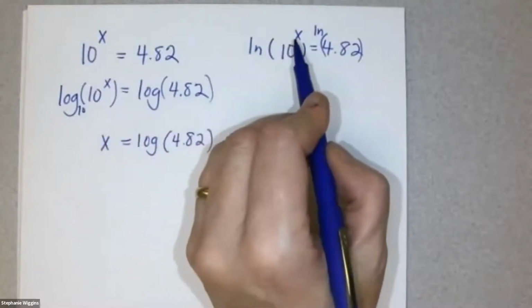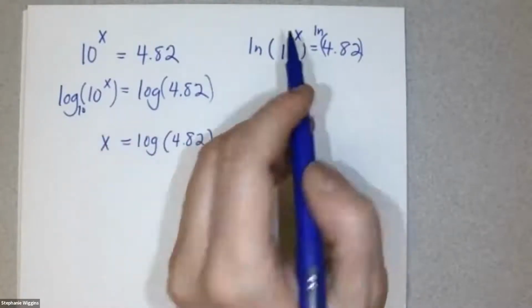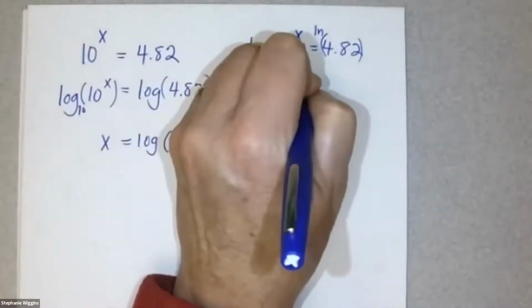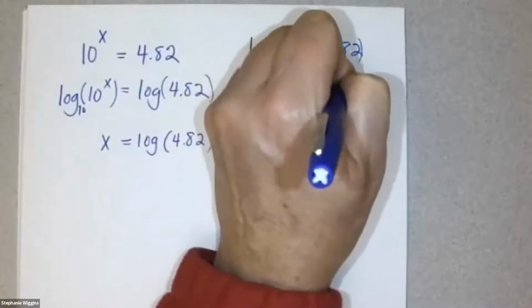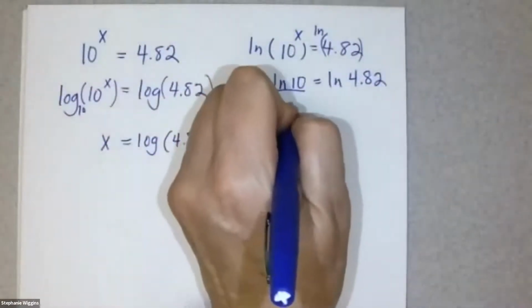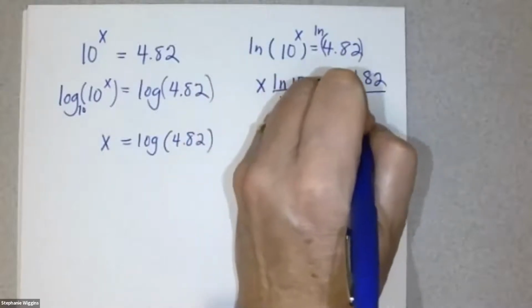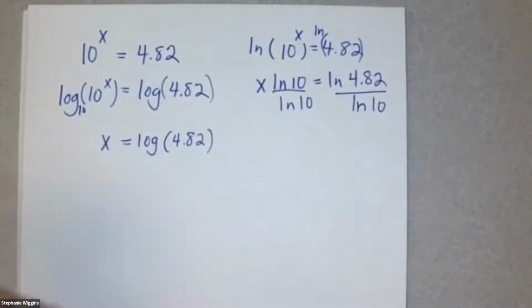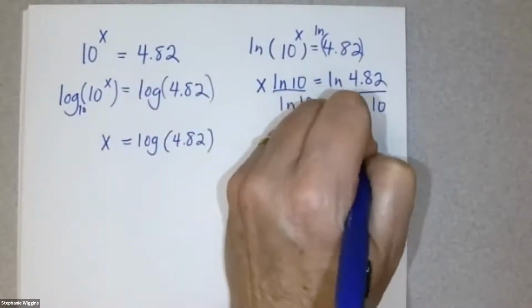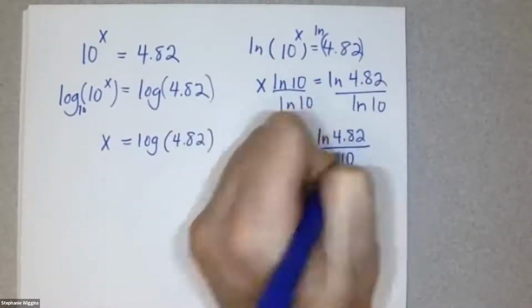But with the properties of logs, I can bring the x out front because it's the exponent. So it becomes x natural log of 10 equals the natural log of 4.82. And so then dividing both sides by natural log of 10, I get x equals the natural log of 4.82 divided by the natural log of 10.